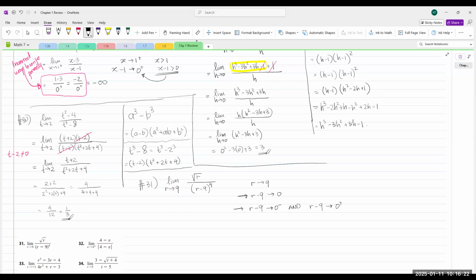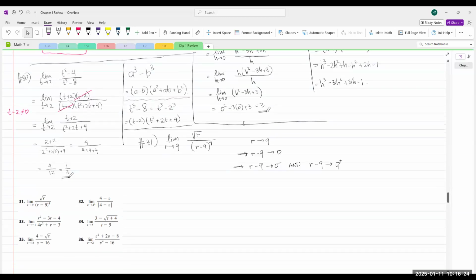Then we need to consider both. For the left branch, r minus 9 is negative, which if I take it to the power of 4, a negative number becomes positive. So (r minus 9) to the 4th is approaching 0 from the positive side.